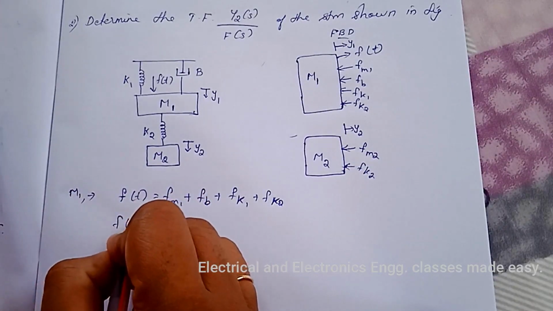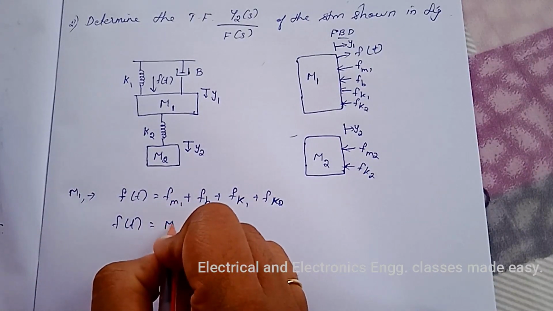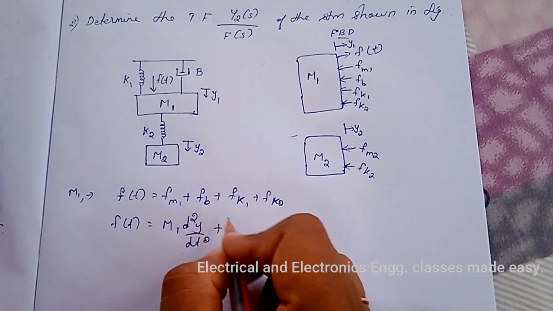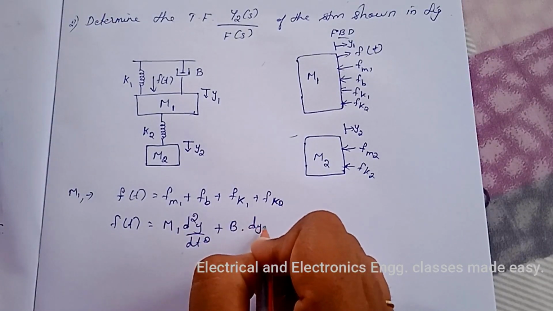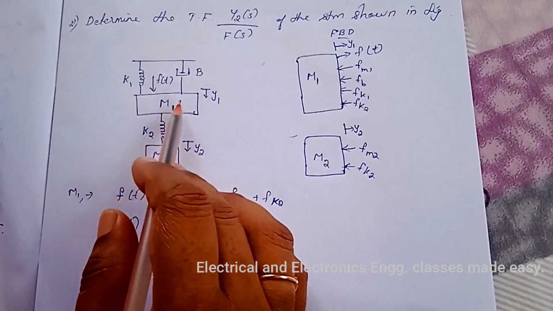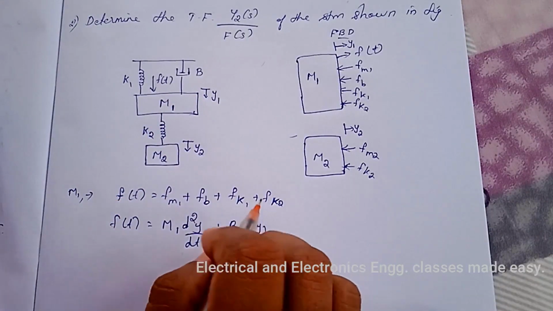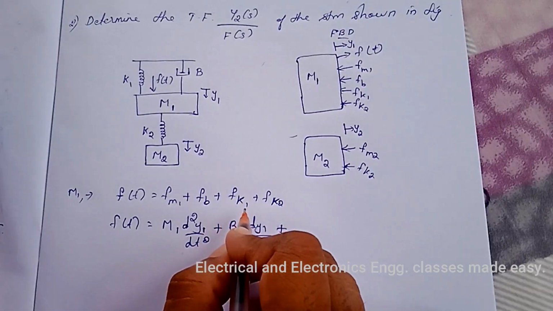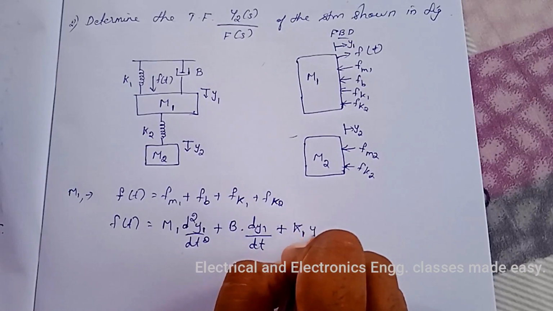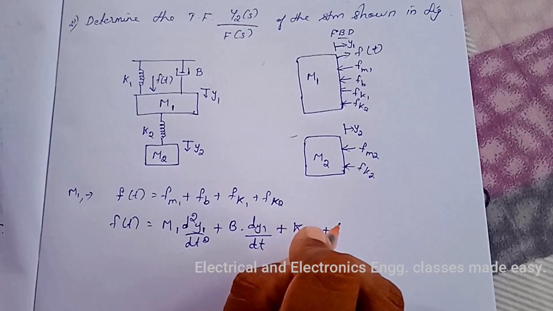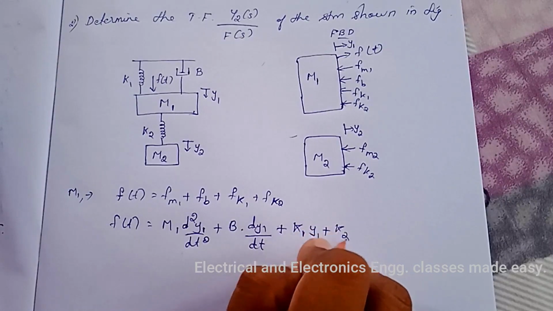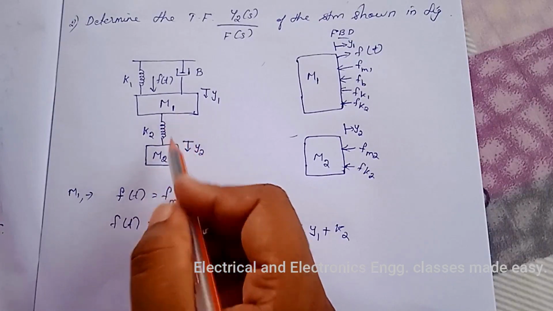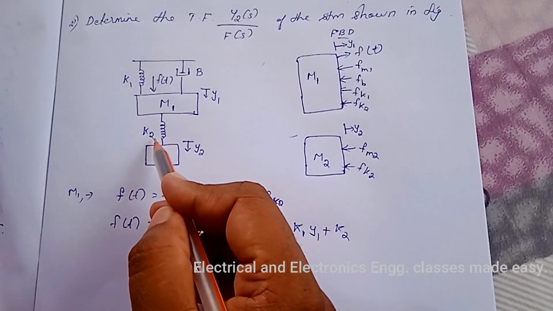That is, F(t) equals FM1 is m1 d square y1 by dt square plus FB is b into dy1 divided by dt, plus FK1 is k1 into y1, plus FK2 is k2 into, here both this M1 and M2 are in contact with this K2.